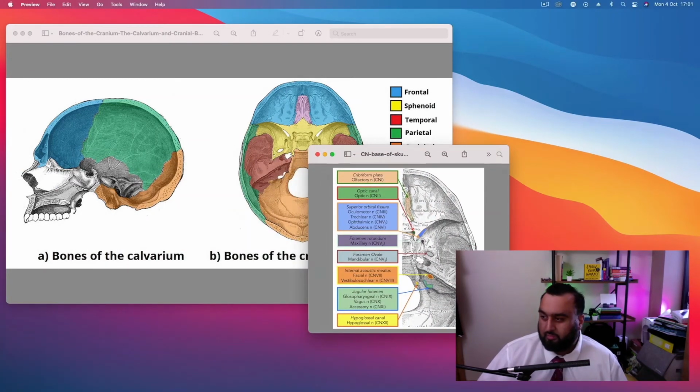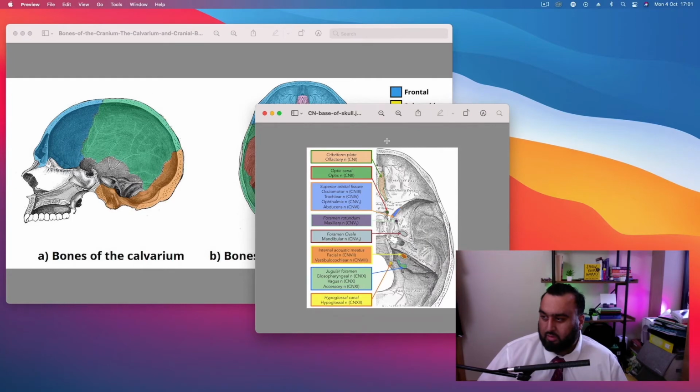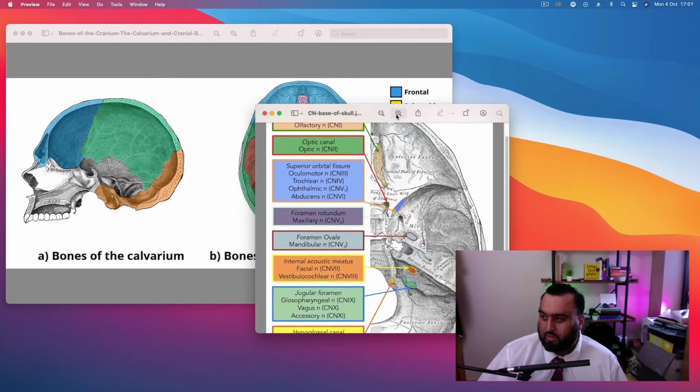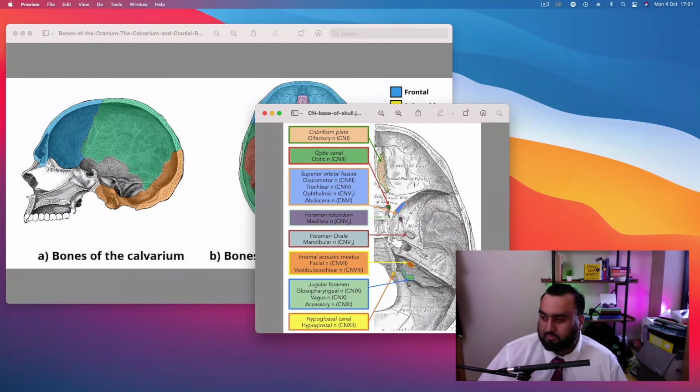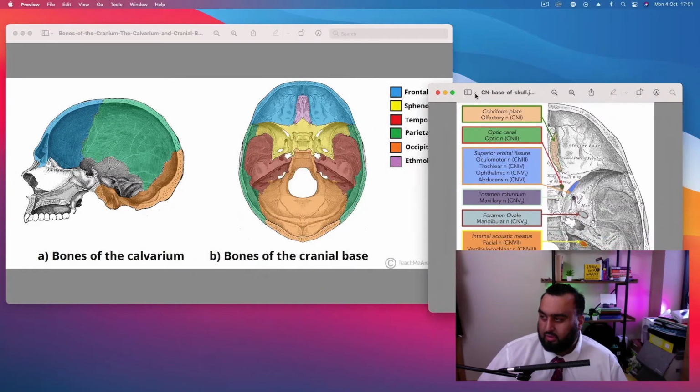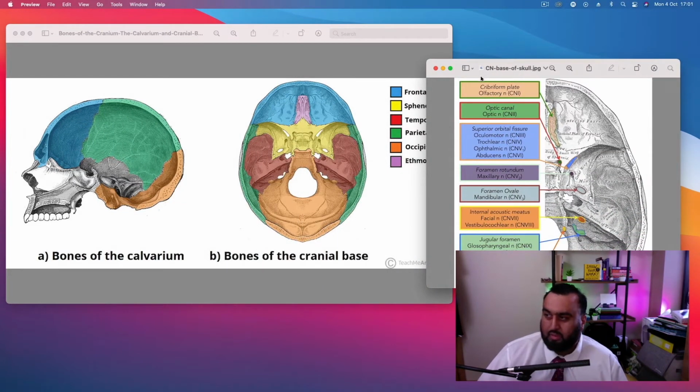Let's have a look here. Just going to try to keep it side by side. Let's zoom into that a little bit. And over here, you've got a diagram that shows you the structure on the cranial base and what's passing through it.